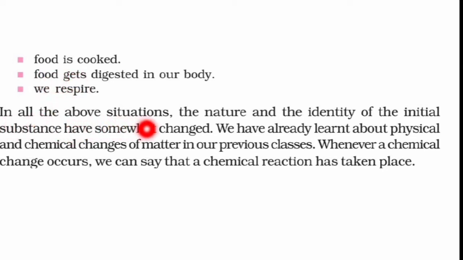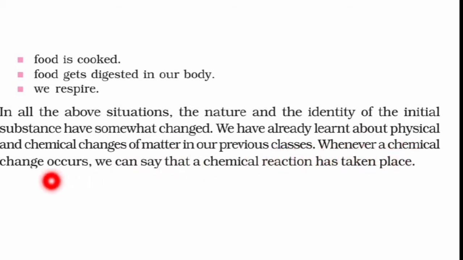In all the above situations, the nature and the identity of the initial substance have somewhat changed. Because when milk gets spoiled, some changes will be there. When there is rusting on an iron nail, some changes will be there in the color or taste. We have already learned about physical and chemical changes of matter in our previous class.